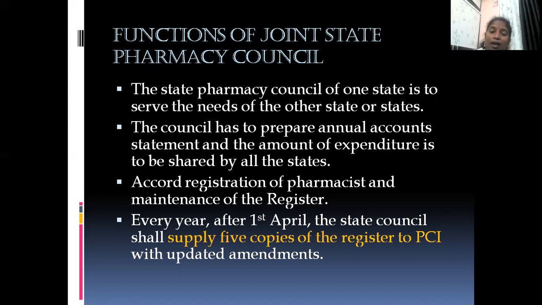Those persons' names will be included in the register of pharmacists. And every year after 1st April, same as the state pharmacy council, they send 5 copies to the PCI.